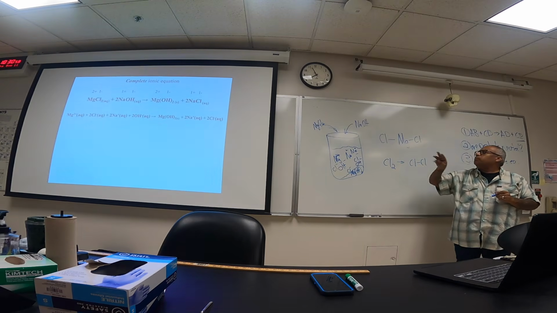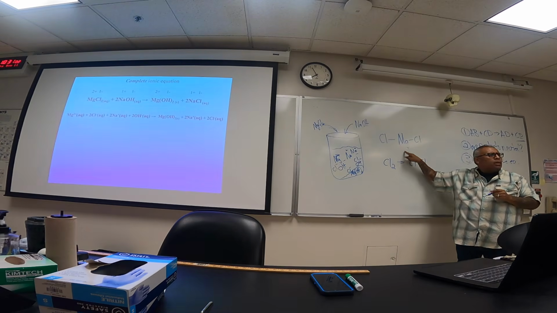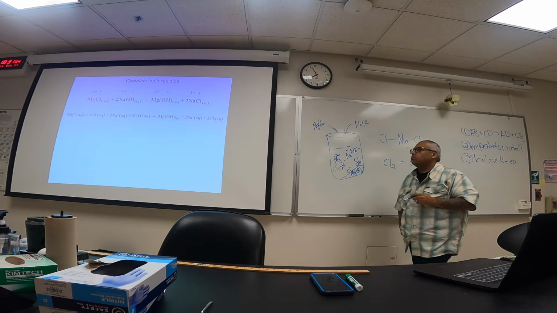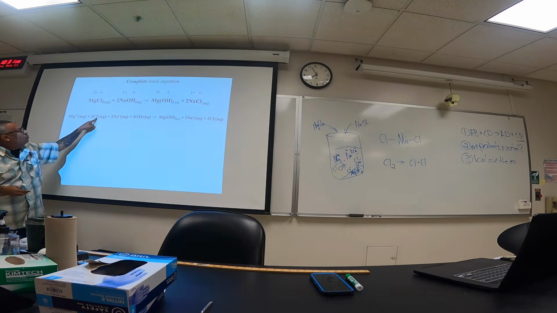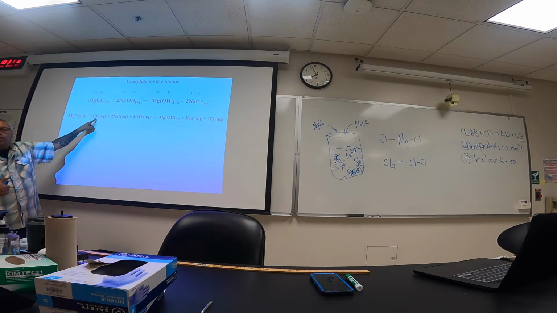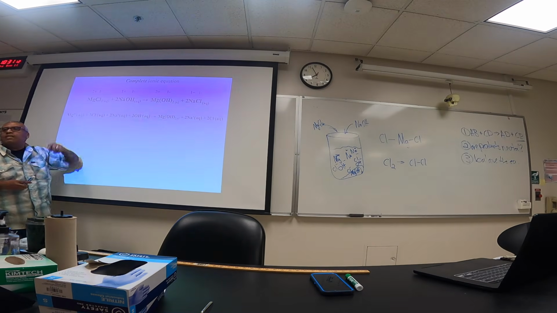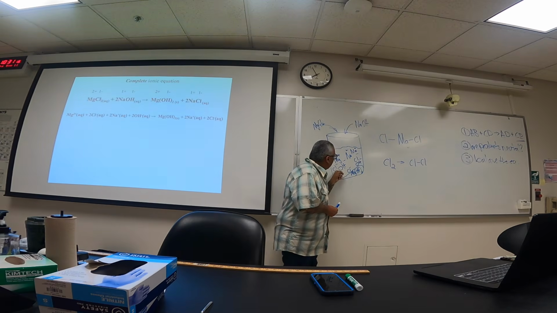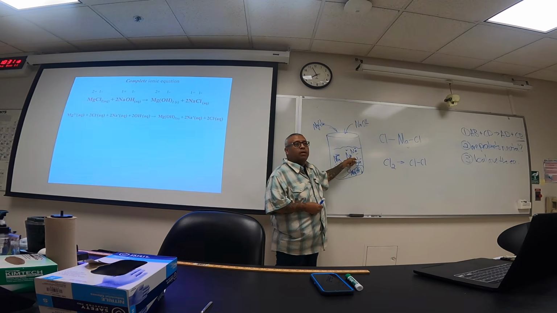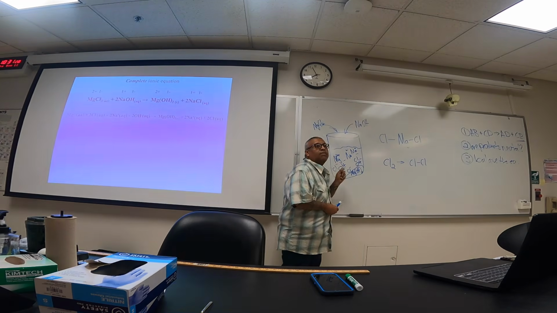The subscript 2 means that we have 2 atoms bonded to the magnesium. This is why we write it like this. We don't put a subscript 2 back here. We have 2 moles of these chloride ions. That's what we see in the beaker here. There's 1 mole here, and there's another mole over here. So we have 2 moles of this.